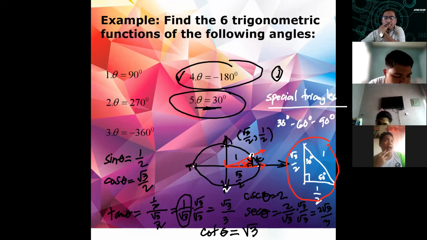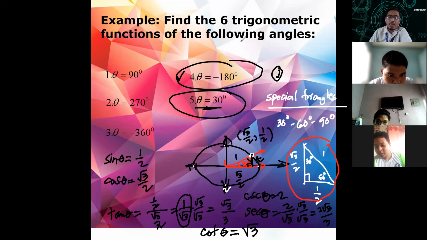For example, the angle is 13 or 25 degrees. There are additional theorems to discuss, which we call double angle, half angle, and other additional manipulations in trigonometry. If we still have enough time, we will reach that portion.